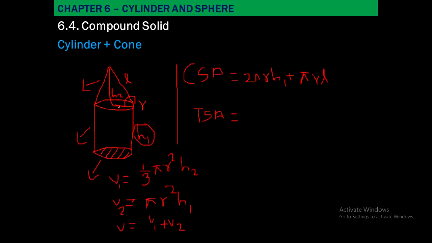So we need to add this part to find TSA, that is base area pi r square, meaning area of the base, plus curved surface area of cylinder 2 pi r S1, plus curved surface of cone, that is pi r L. This is the circular part, this is the cylindrical part and this is the conical part.